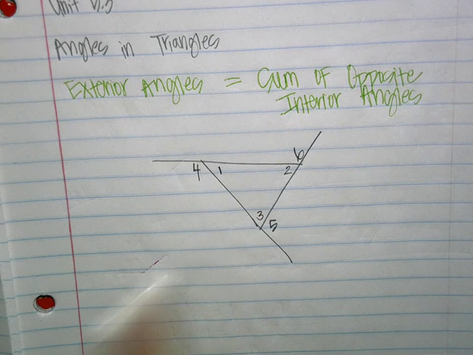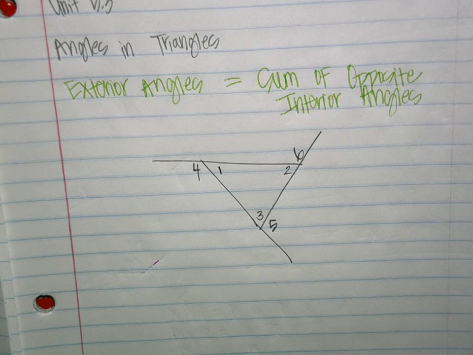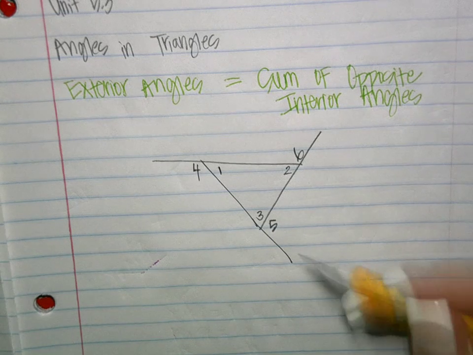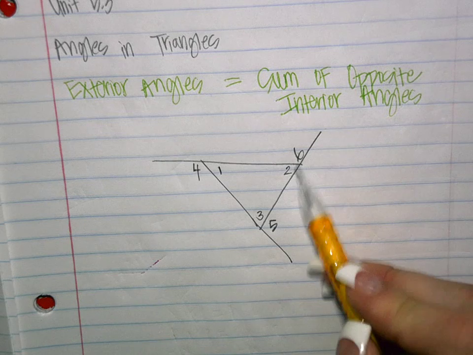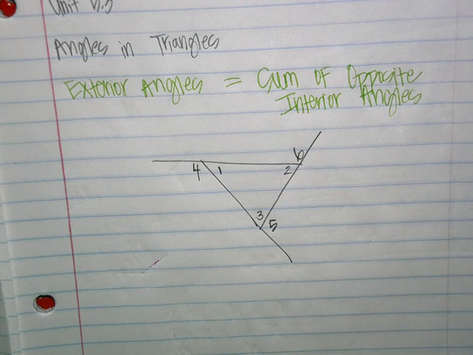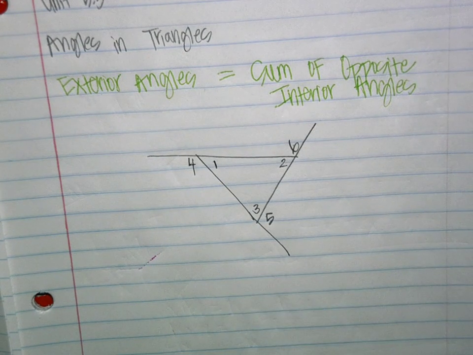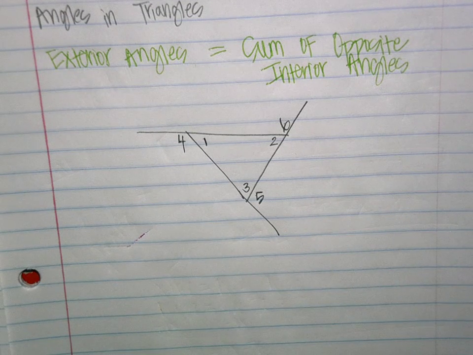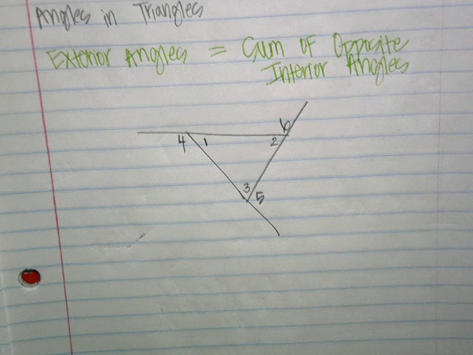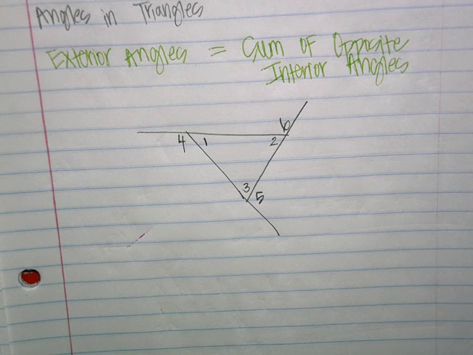A straight line. So 1 and 4 would be supplementary. Which other ones are supplementary? 6 and 2, and 3 and 5, exactly. So there are lots of different relationships we could comment on here. They're supplementary, yes, together they make 180.